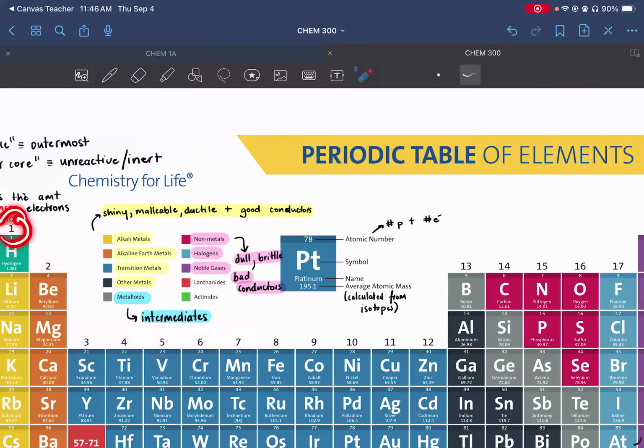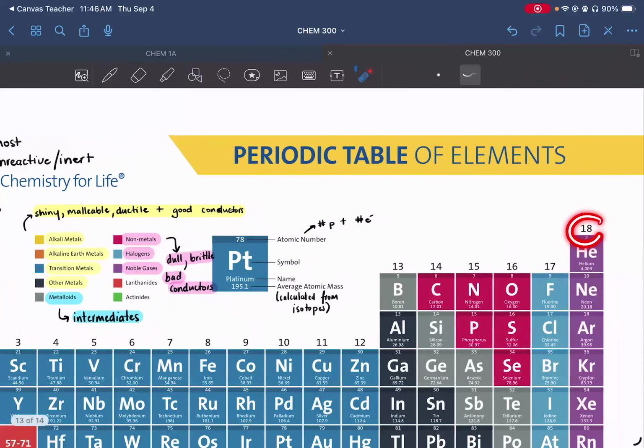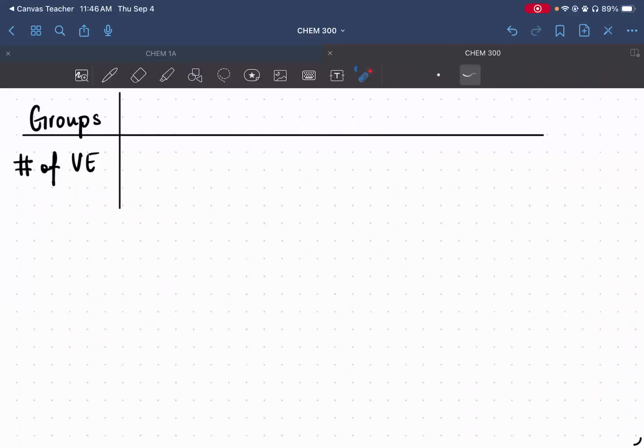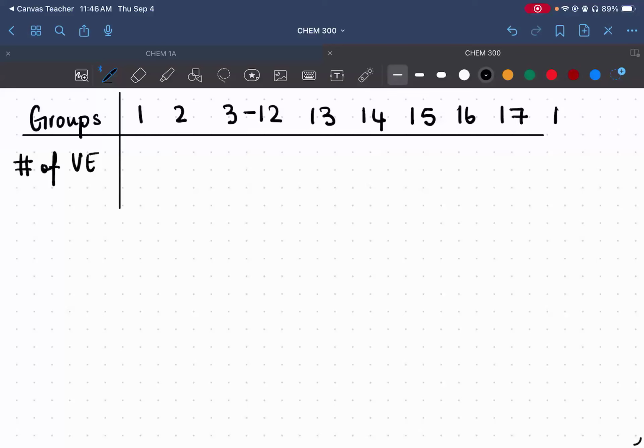It starts at number 1 and it goes all the way to number 18. Groups 1, 2, 3 to 12, 13, 14, 15, 16, 17, and 18. I did purposefully put that 3 to 12. I purposely did not break them up.